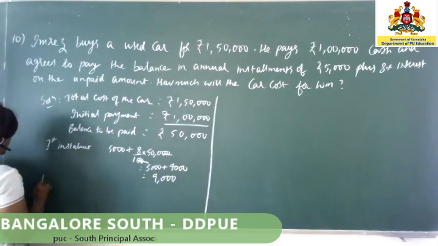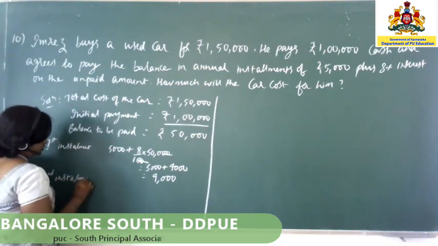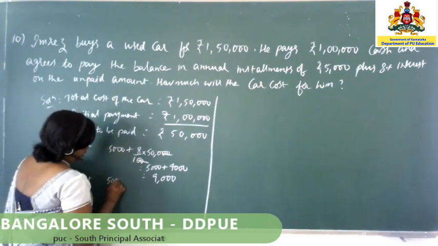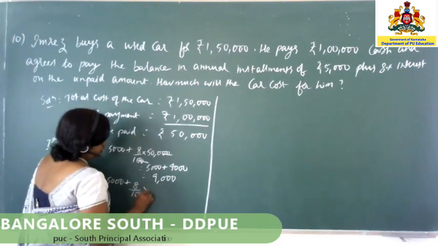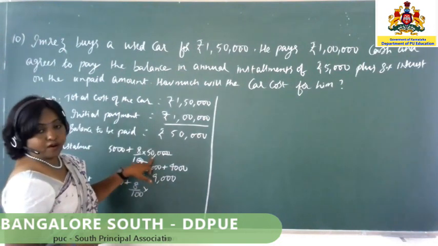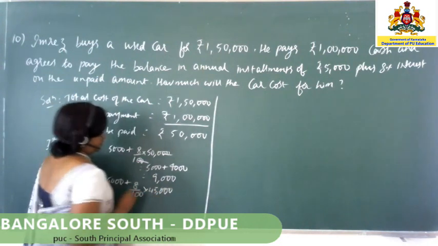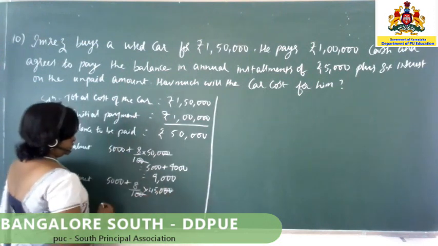So the second installment will be 5,000 plus 8 by 100 into 45,000. So the zeros cancel.